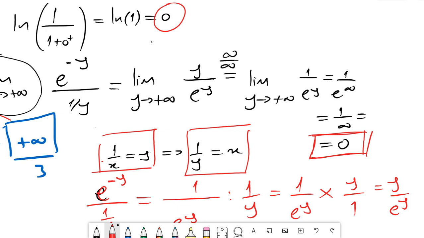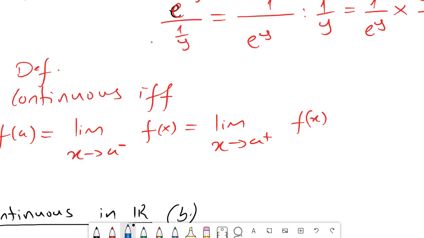The left limit, the right limit, and f of 0, they are all 0. So we are using this definition, right?